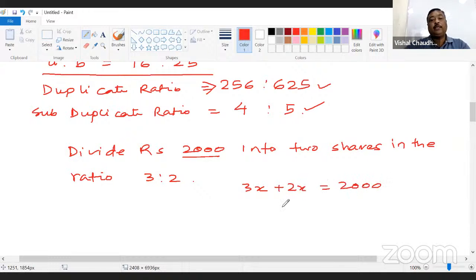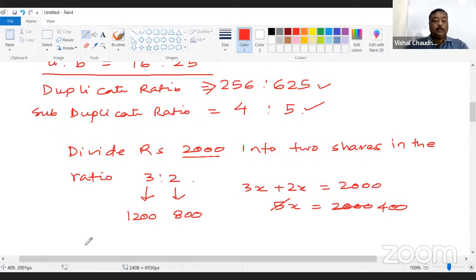And what I will get here is 5x. So 5x is equal to 2000. X will be your 400. So 3x will become 1200, and 2x will become 800. Is it clear? Simple question based on ratio.